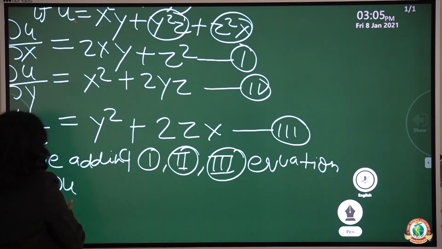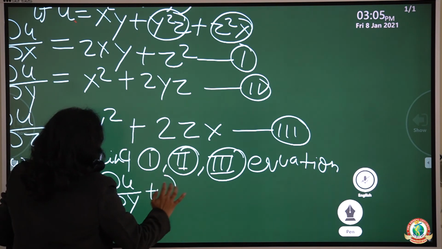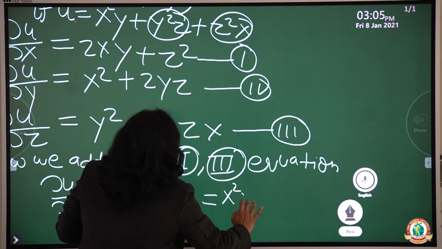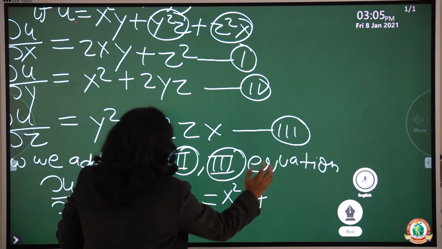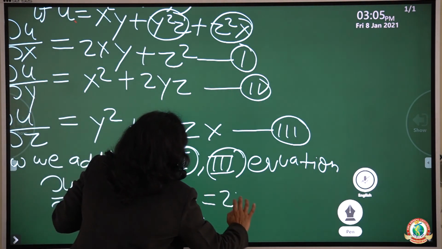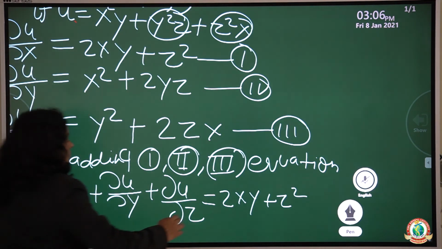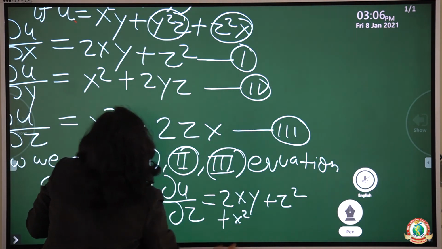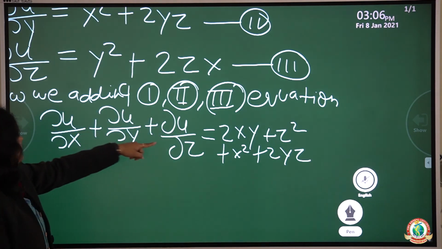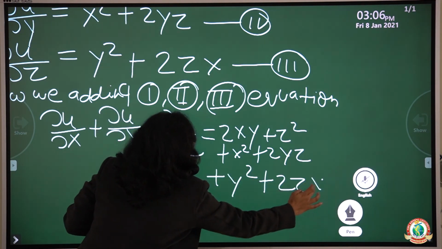Then we see del u by del x plus del u by del y plus del u by del z is equal to: the value of del u by del x is 2xy plus z square, the value of del u by del y is plus x square plus 2yz, and the value of del u by del z is plus y square plus 2zx.